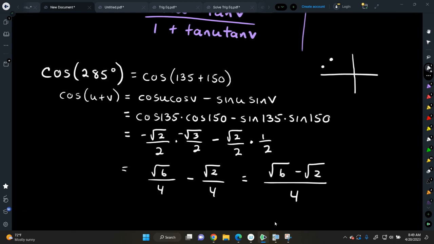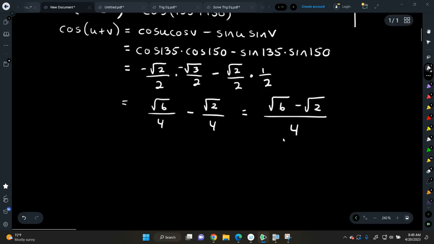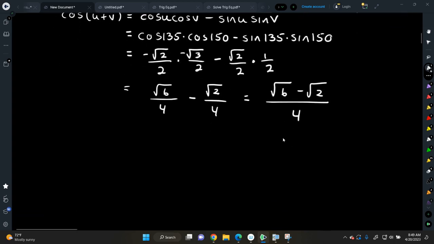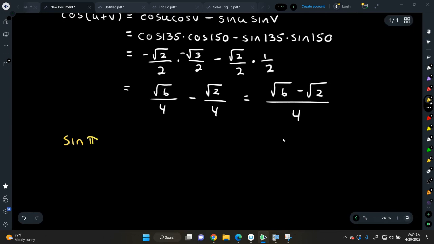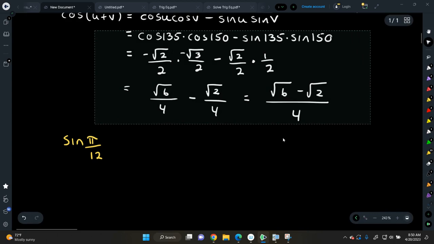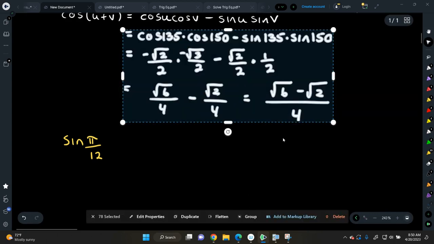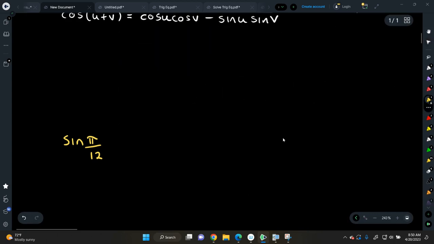Okay? They are harder when we're dealing with radians. So if I want to find the sine of pi over 12, what I do is I kind of have to make a list of the radians that I know.